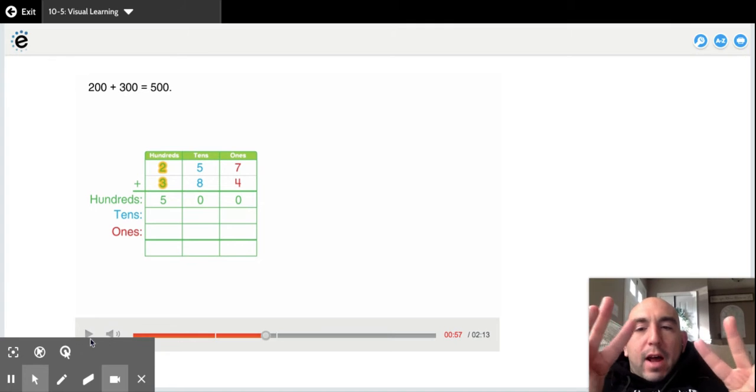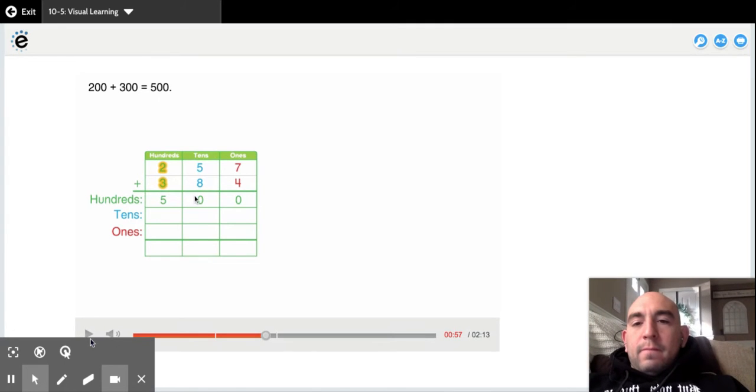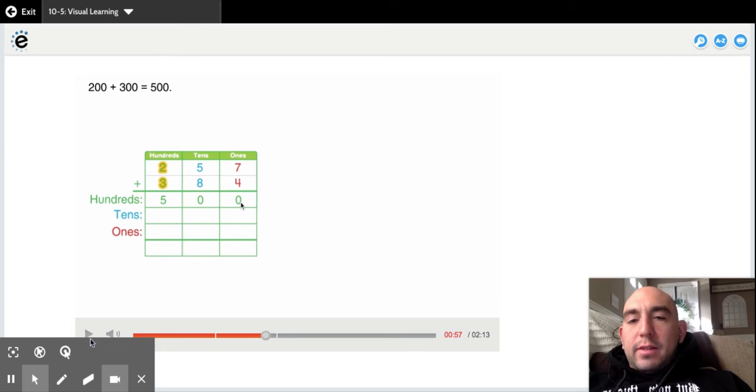That means I have 500s. Right now I'm only working with the green numbers, the hundreds. So I'm going to put a 0 in the rest of the spaces in the chart because I'm only working with the hundreds. 200 plus 300 is 500. So you write that number in the chart.